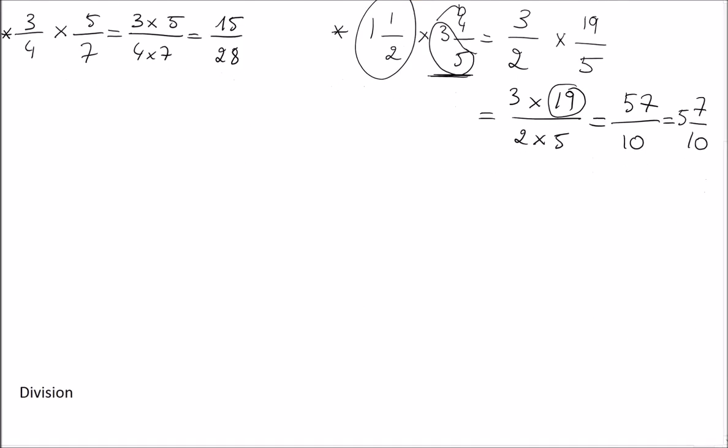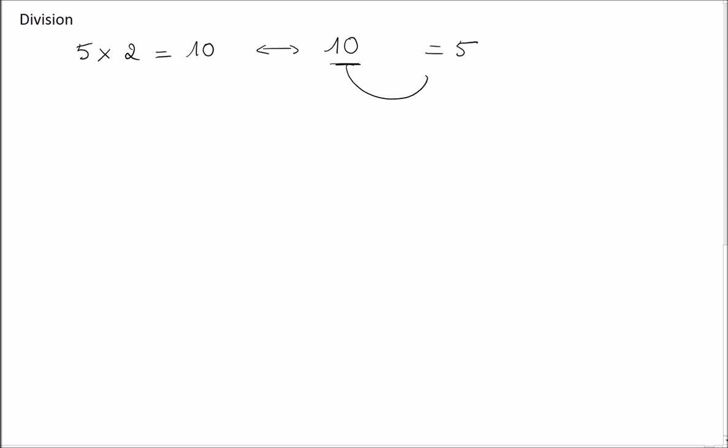Before we actually go on with division of fractions, we need to know a bit more about the relationship between multiplication and division. Let's have a look at a small example. 5 times 2, we all know that's equal to 10. Now, I'm looking for an operation that will take my 10 back to being a 5.